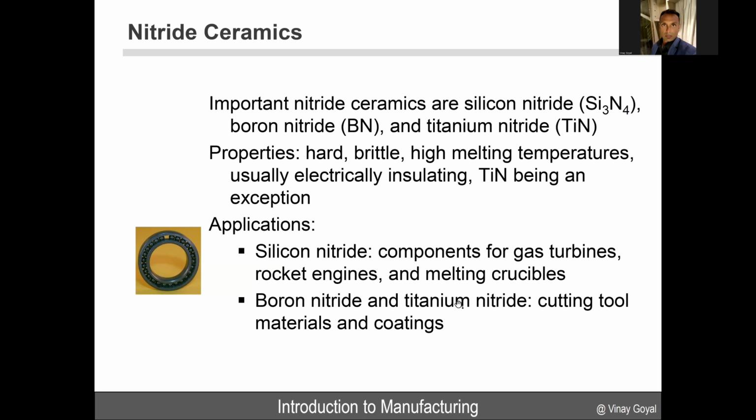Boron nitride and titanium nitride can also be used in cutting tools and coatings. These nitride ceramics are excellent because they're hard, brittle, have high melting temperatures, and are electrically insulating.